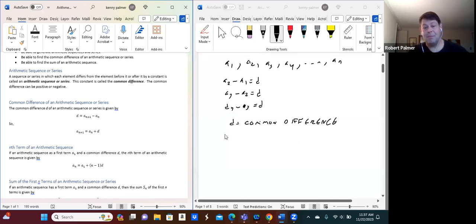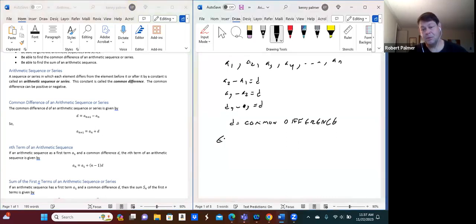Well, let's look at a quick example of how this works. Instead of being general, let's make it more concrete. Let's say it was a sequence like this: 4, 10, 16, 22, and then we keep going. Okay, that's a sequence. Now, is this an arithmetic sequence? Let's find out.